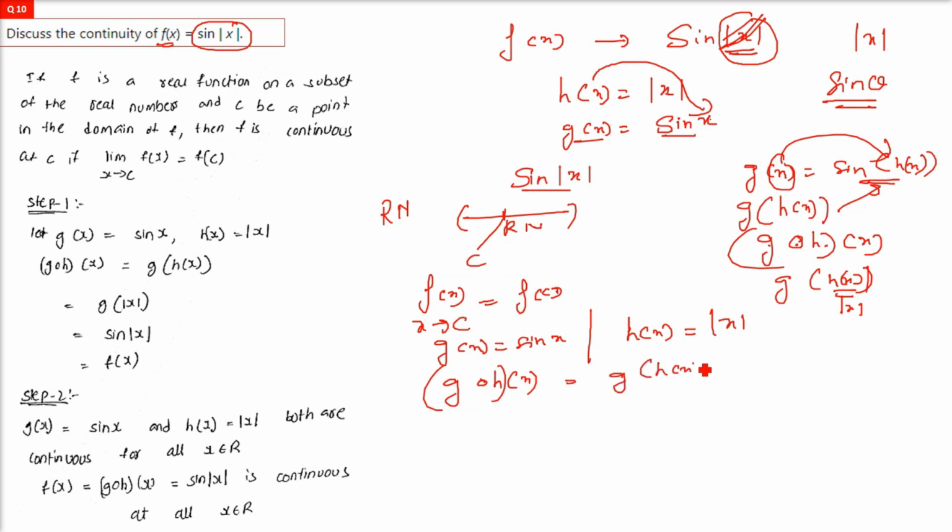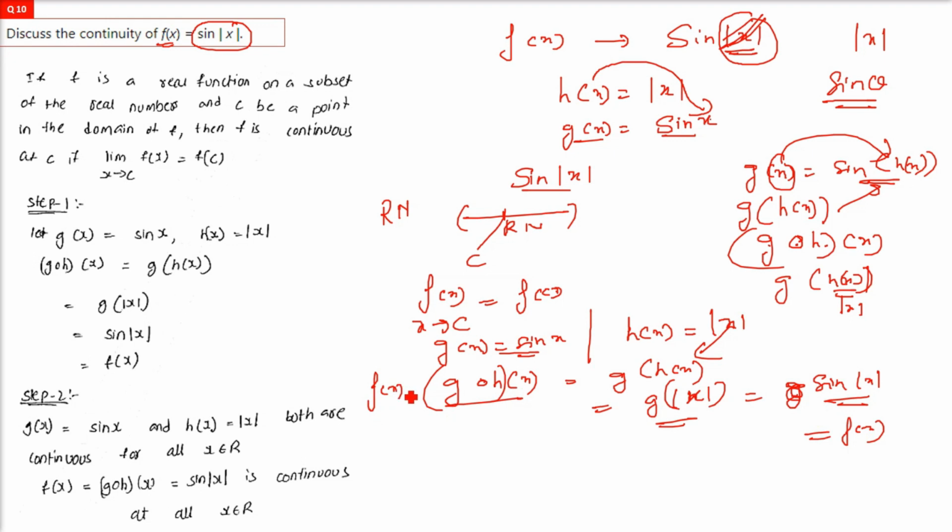It means in the function g, the value of x has to be replaced by h(x), which is mod x here. So g of mod x, and the function g(x) is sine x. So this mod x I have to put in g(x), so sine mod x, right? So this sine mod x is what? f(x). So when we started with the value of the function as x tends to c, we have got f(x). We have got f(c) if you replace it by c. So this is the operation one.